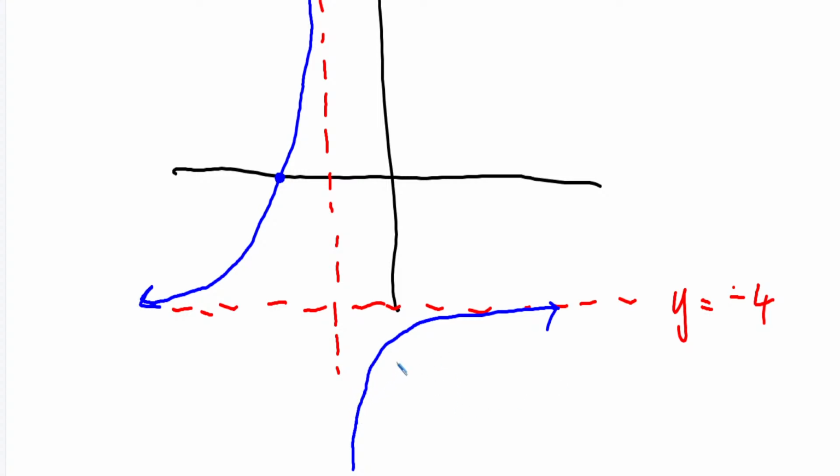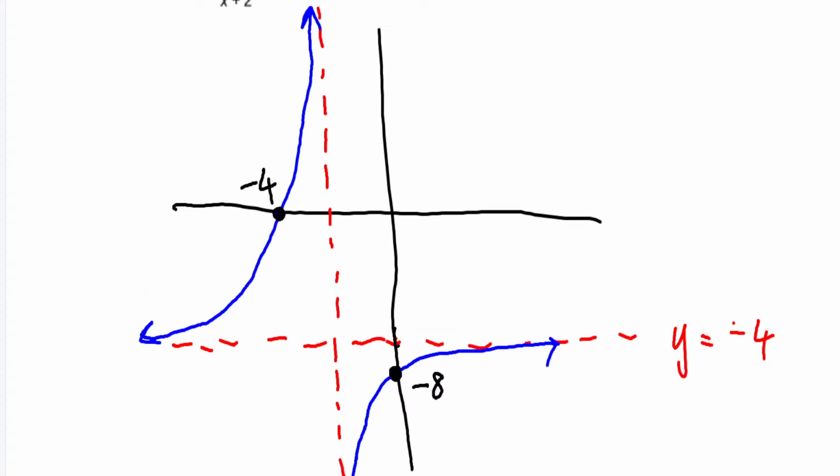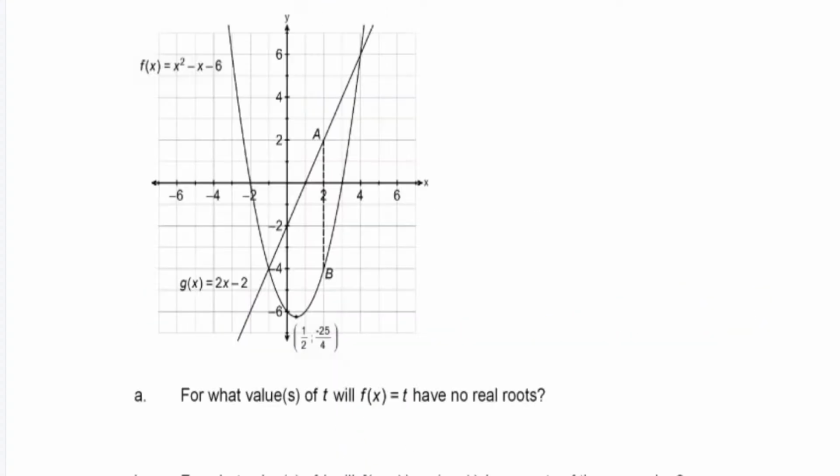How do you find a y-intercept of any graph? Let x be 0, and if we let x be 0, we get our y-intercept. And again, I'm going to do it quickly here. It's going to be -8. If we let y be 0, we get our x-intercept, and we get -4. Okay, right. Onwards and upwards.